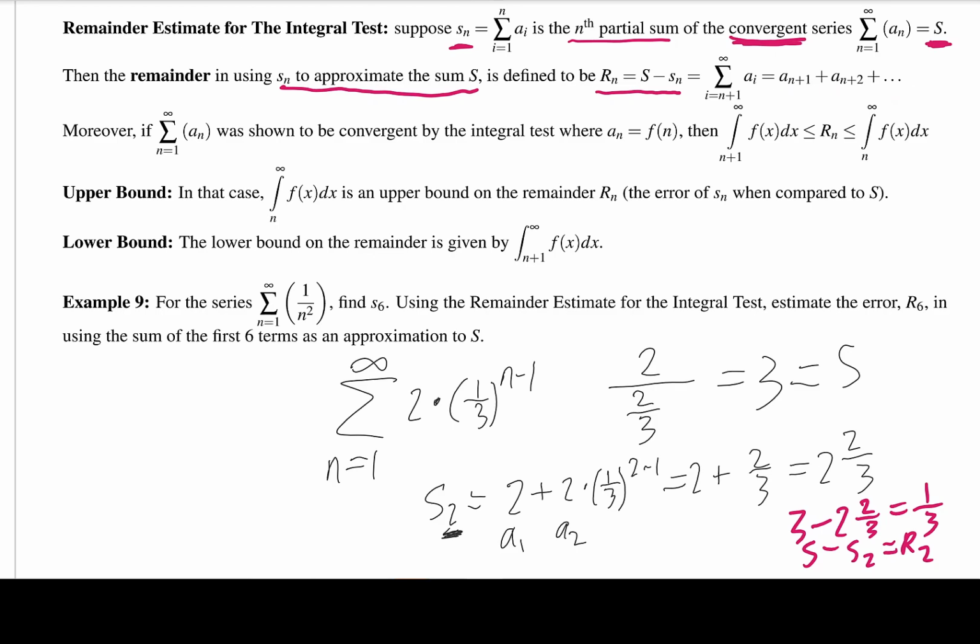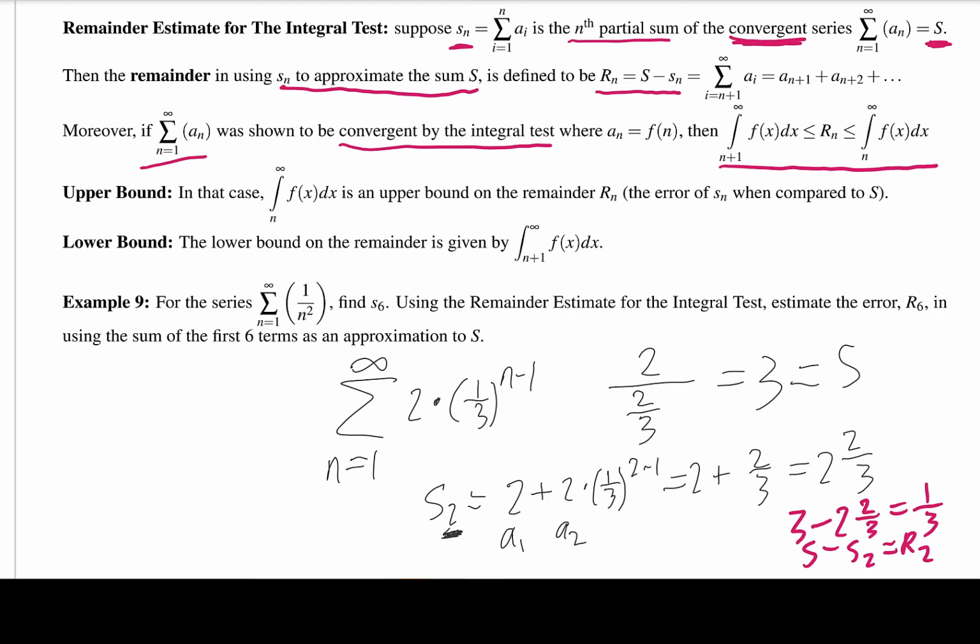Okay. Now let's look at how we actually get the bounds on that approximation. So if we showed that this was convergent by the integral test, then we know that our remainder is going to lie inside these bounds.